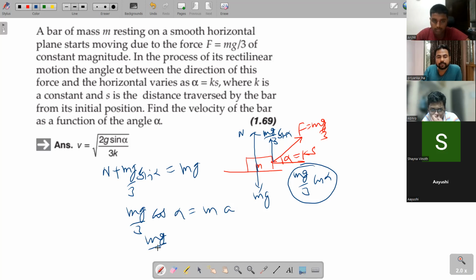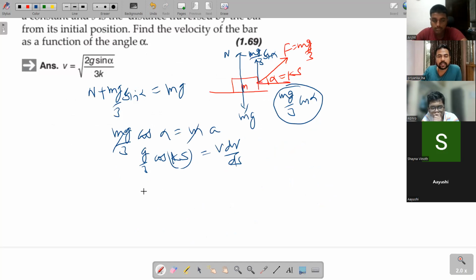Now you can see that mass will cancel. This m cancels. See, g by 3 cos alpha is varying, that is, alpha is k into s, and a can be written as v dv by ds.